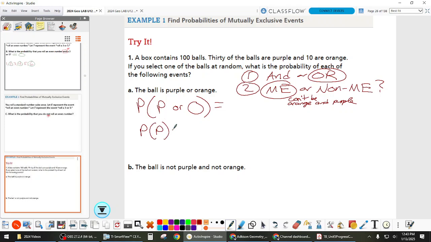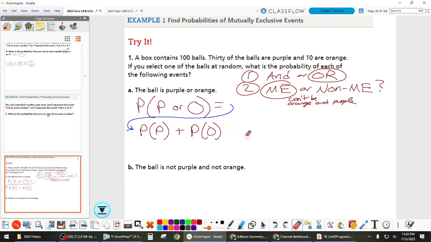Guys, do you have your notes out? You don't have to have it memorized, but I expect that you look it up. If it's mutually exclusive, we just add the probabilities, right? So probability of purple plus probability of orange. Well, what's the probability? I wish I had written this better.